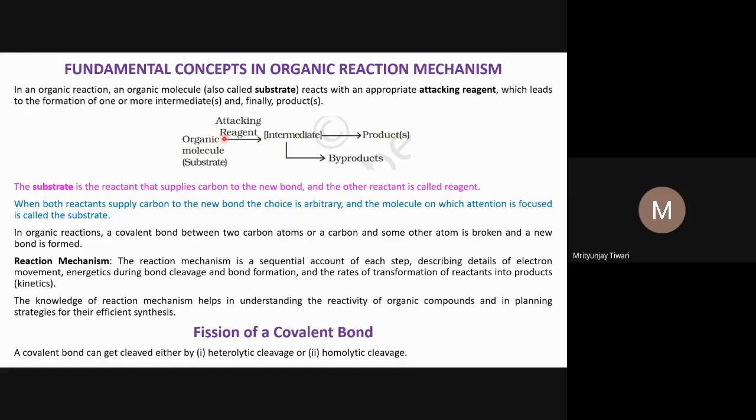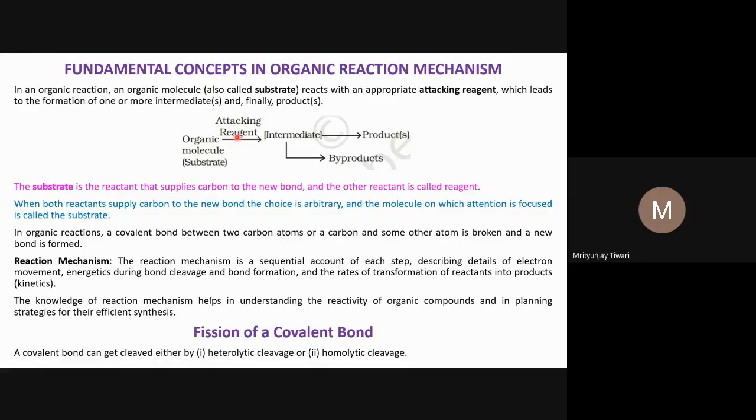So the organic molecule which provides carbon to a new chemical bond is called the substrate, and these are usually organic molecules. The attacking reagents are usually inorganic molecules, and they usually provide heteroatoms, and maybe they help in carbon-carbon or other bond formation.